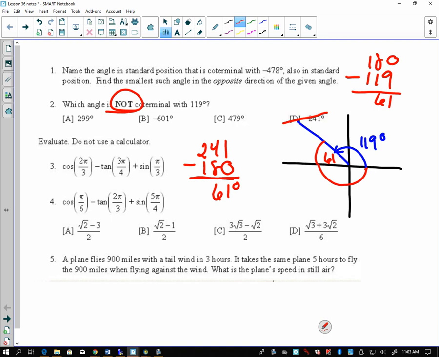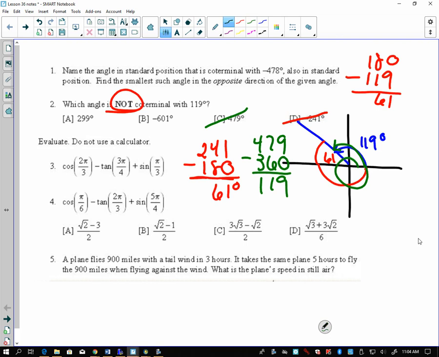479. So that's going to keep going around the direction that we would go. Okay, so there's 360. Let's take 479 and subtract 360 and find out how many degrees I'm going to keep going. 119. Well, that should get me to the same spot, right? Okay, so we know it's not that one. Negative 601. This is where things begin to get really wild because I'm drawing everything on the same graph.